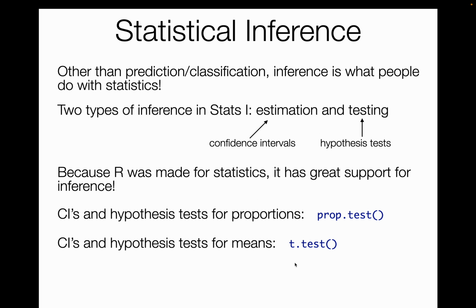So for confidence intervals and hypothesis tests for proportions, there's a function called prop.test that does both the test and the confidence interval. And for means, it's t.test, right? Which is traditionally a t interval, a t test, and what some people call a z interval and a z test, which is not necessarily right for proportions. Okay, proportion test would be maybe better.